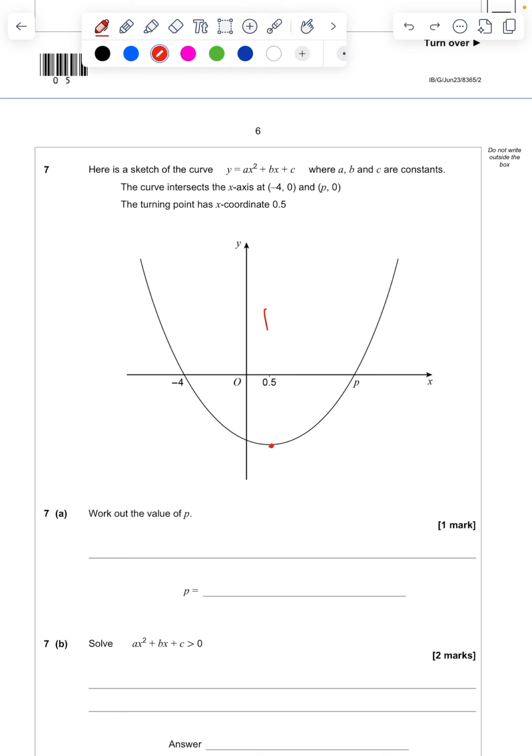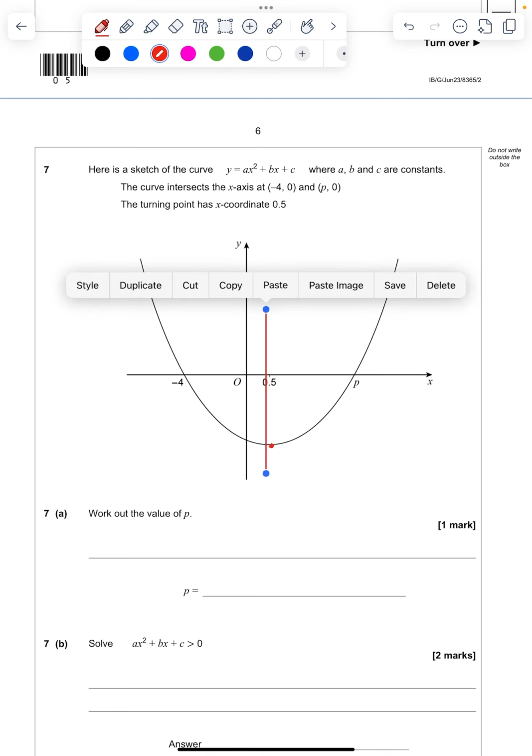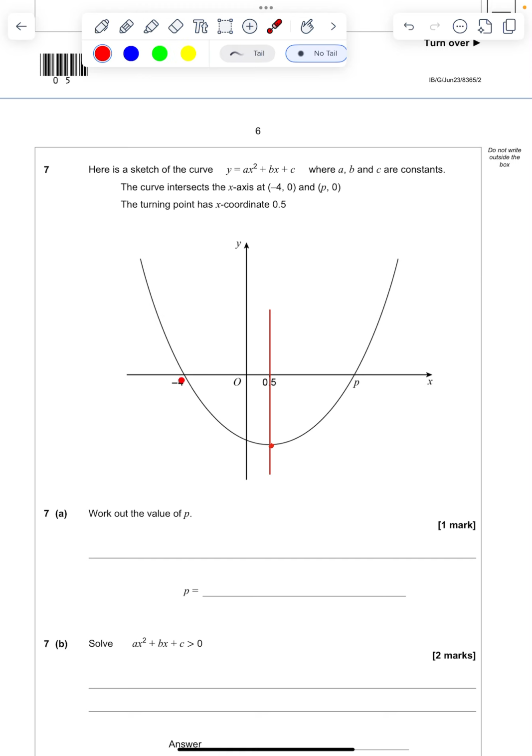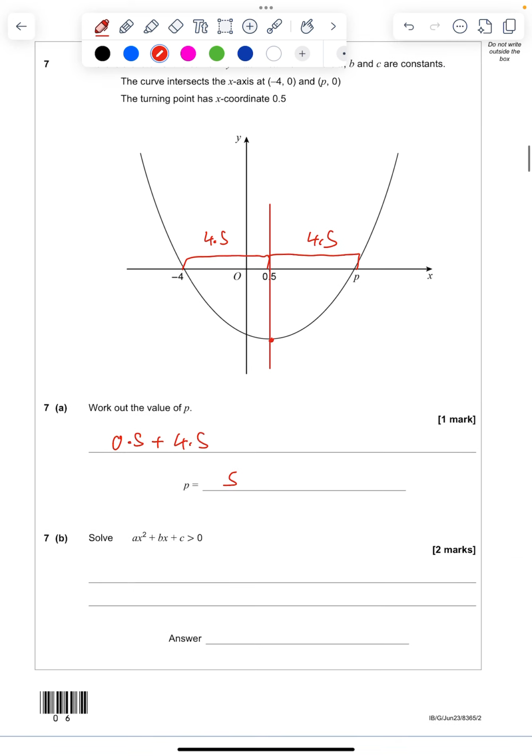Because of symmetry, this turning point is exactly in the middle, so the distance from -4 to 0.5 is 4.5. To get from 0.5 to p, you add on 4.5 again, which gives 5. So the working there was 0.5 add 4.5, which is 5.